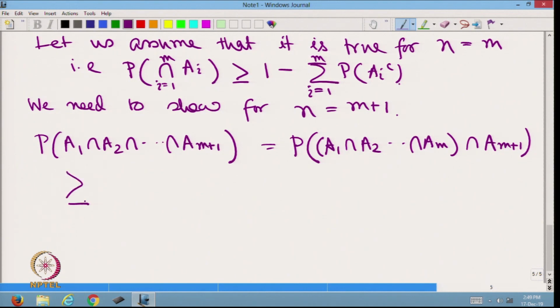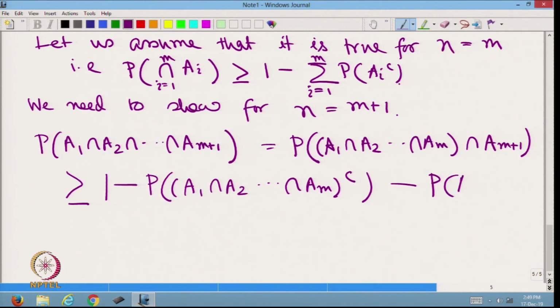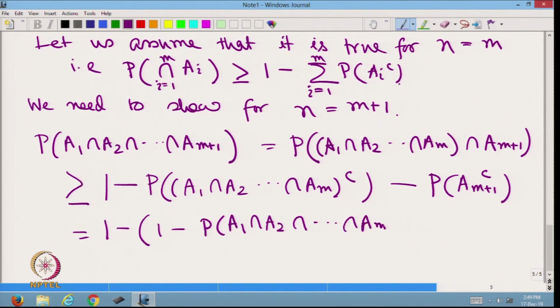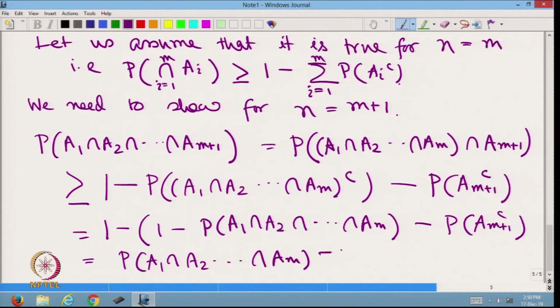Therefore, this is greater than or equal to 1 minus probability of A1 intersection A2 intersection Am complement minus probability of A m plus 1 complement, which is equal to probability of A1 intersection A2 intersection Am minus probability of A m plus 1 complement.